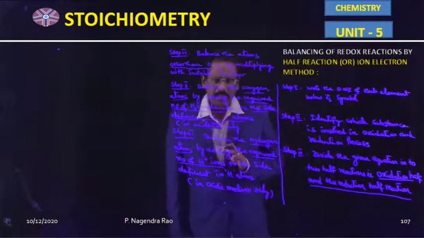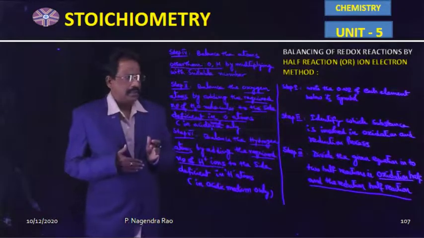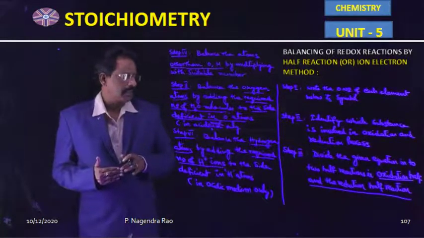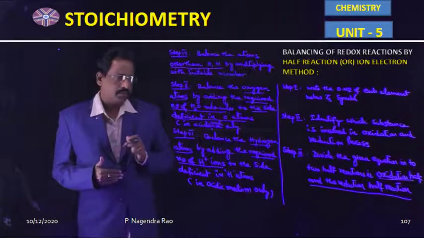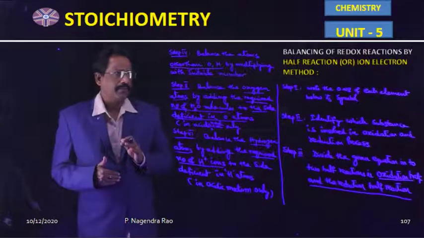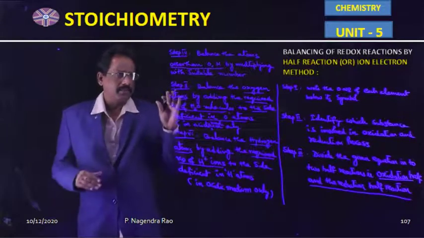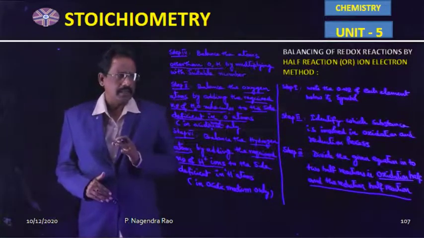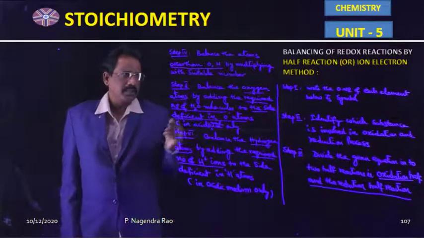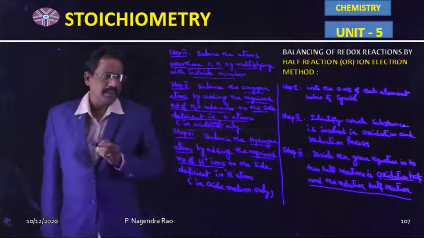Step 2 is identify which is involved in oxidation and reduction process, and then divide the given equation into oxidation half reaction and reduction half reaction, and after that first balance the atoms other than oxygen and hydrogen in each half reaction by multiplying with a suitable integer.